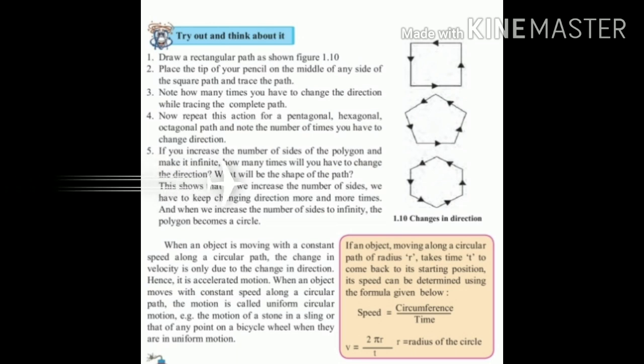On page number 10, one of the activities is given. Try it out and think about it. Everyone do this activity on a rough page, and finally you conclude that when we increase the number of sides to infinity, then the polygon becomes a circle.